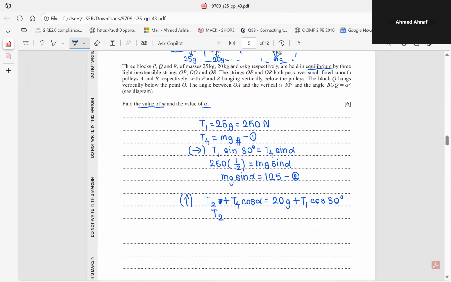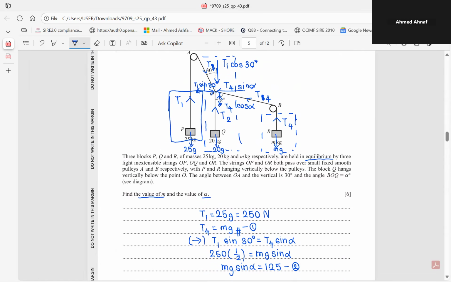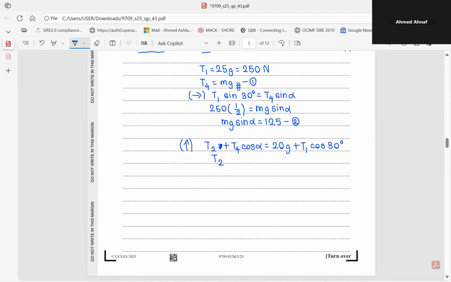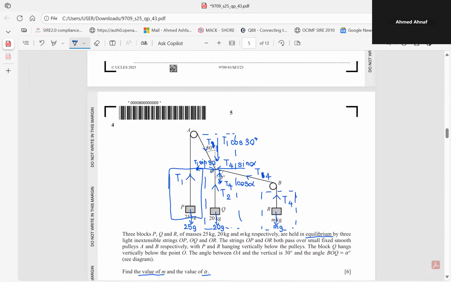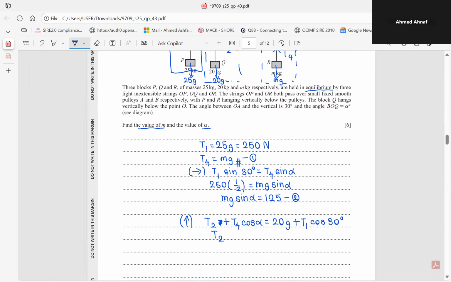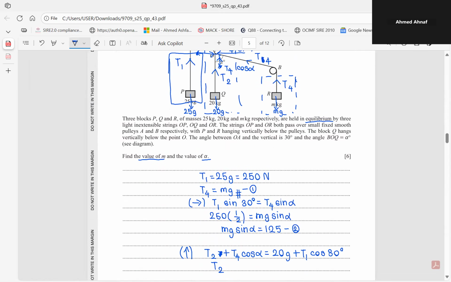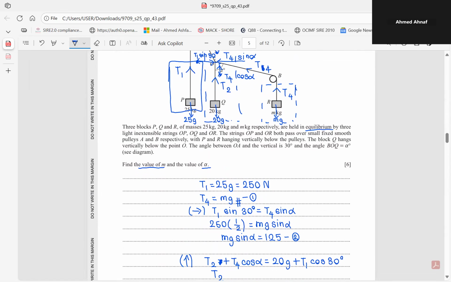T2, we don't know what it is. And T4 cosine alpha, we also don't know. It was mg cosine alpha.